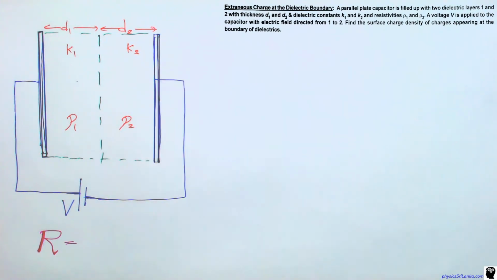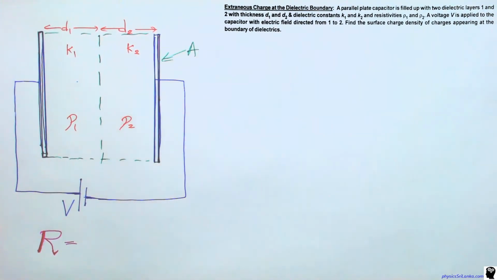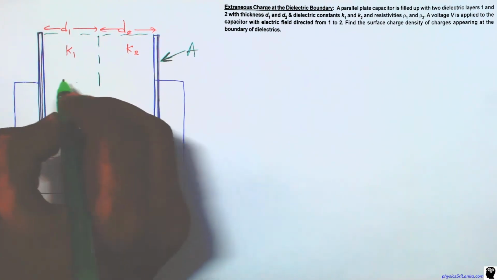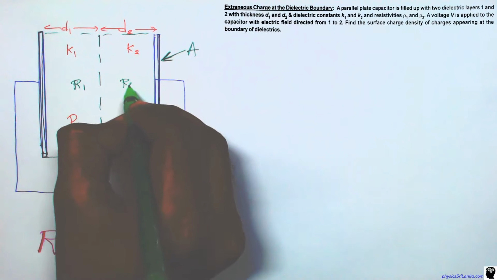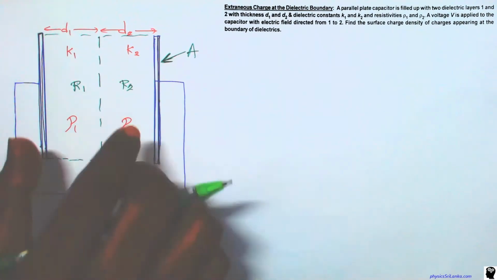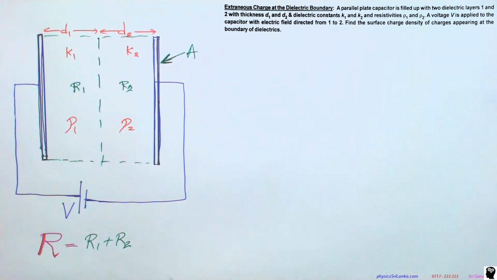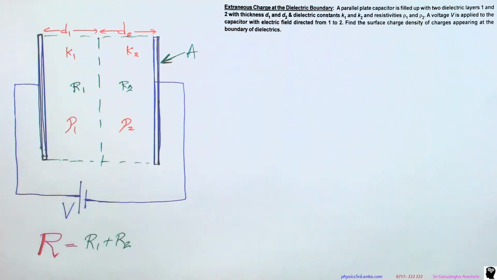We consider the plate area to be A. We know the resistance R equals ρL divided by A. So we get this dielectric media resistance R1 and this R2, and the total resistance between the plates is R1 plus R2, because these dielectrics are in series combination.